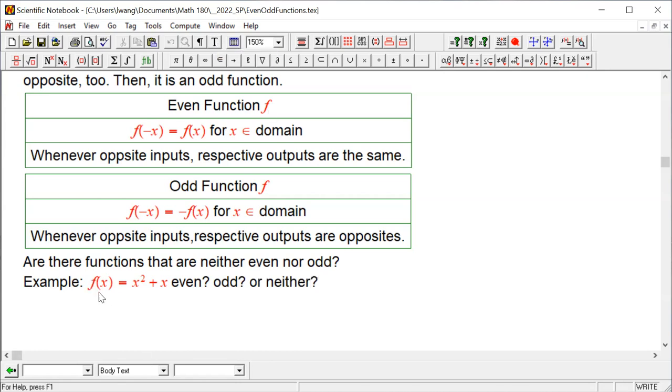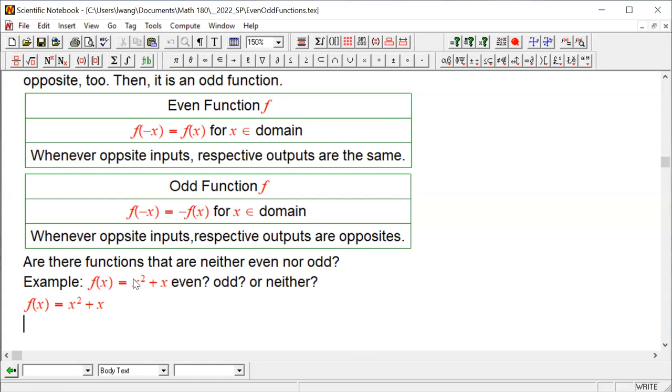Well, you can look at the graph, but I would also just look at the algebraic, because in the sense of the definition, we mainly just compare f of x with f of negative x, really, right?